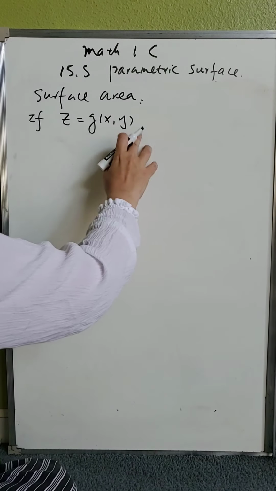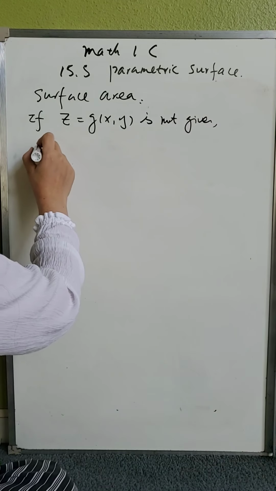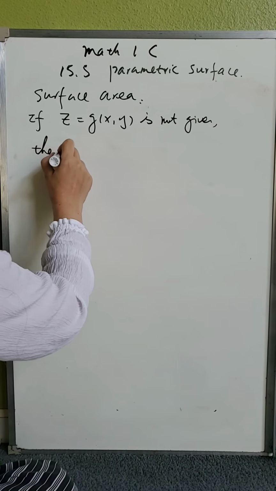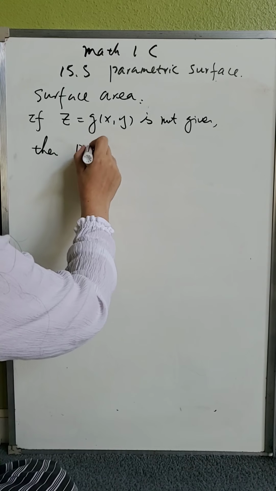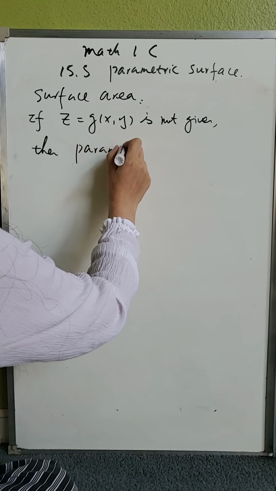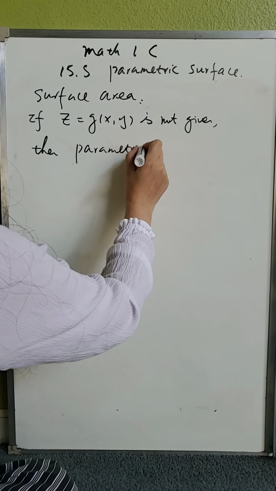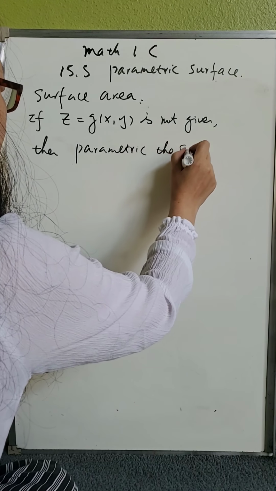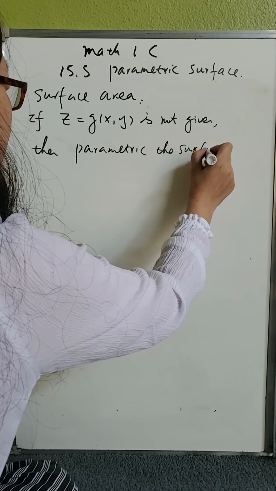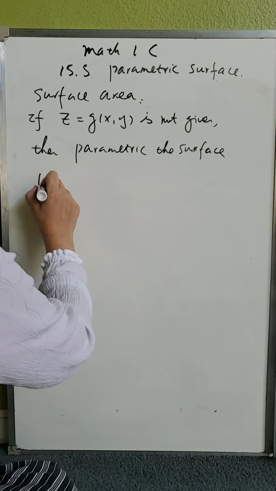So if the function g(x,y) is not given, then parameterize the surface first, by using the UV plane.